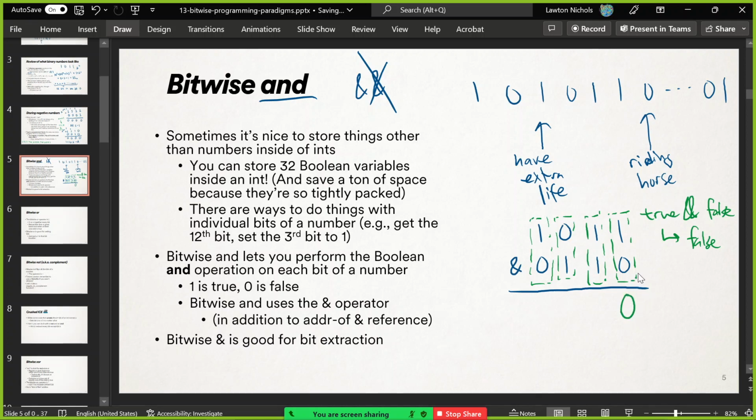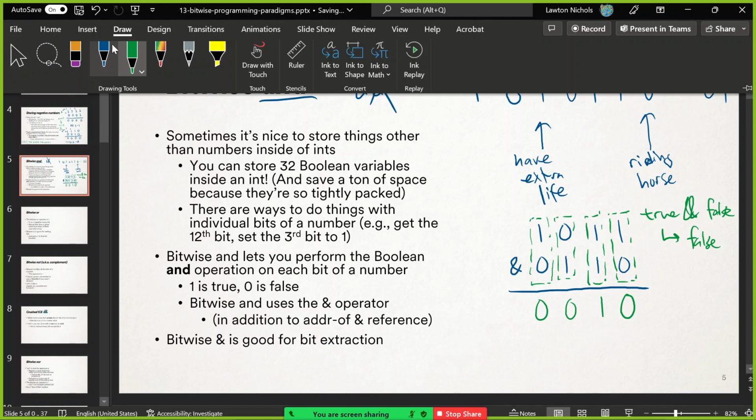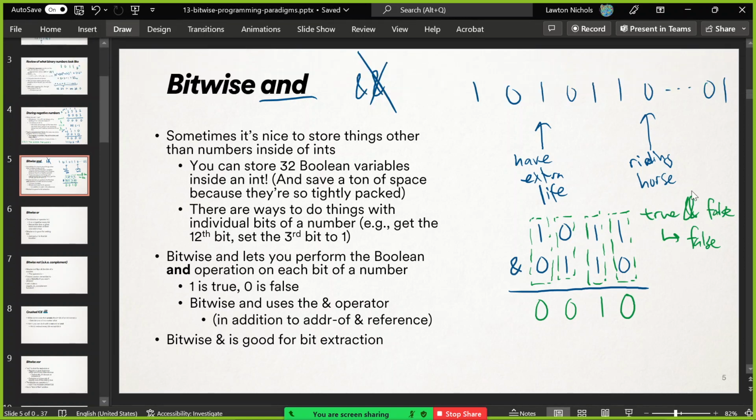That's what it does for every bit. True ANDed with true is true, so we get a 1 there. False ANDed with true is false. True ANDed with false again is false. So our result is 0, 0, 1, 0. It doesn't really make sense in numbers, but it makes sense when you're dealing with individual bits.